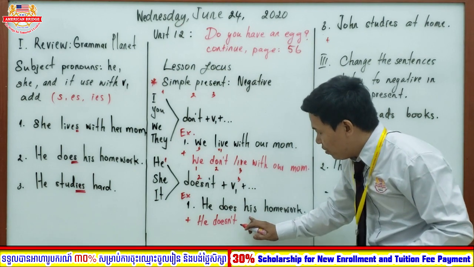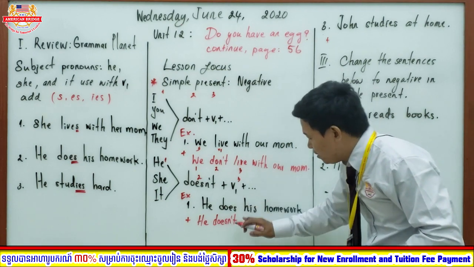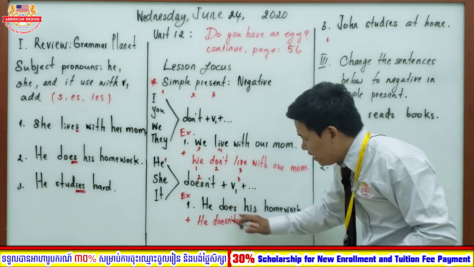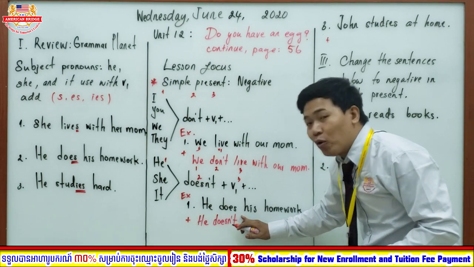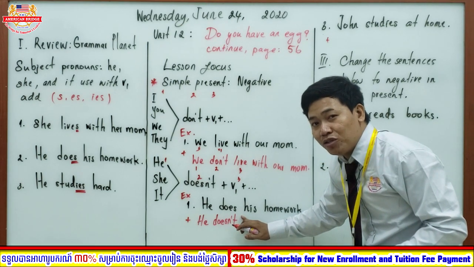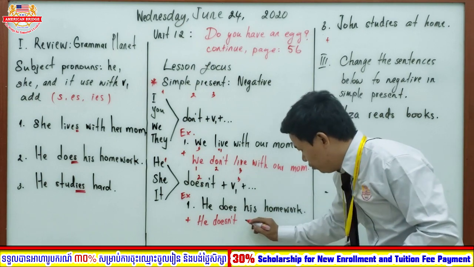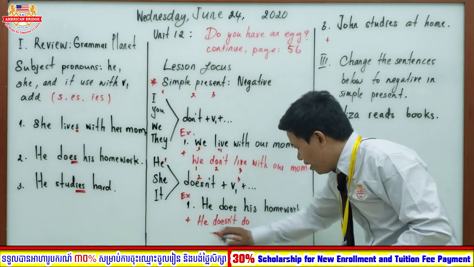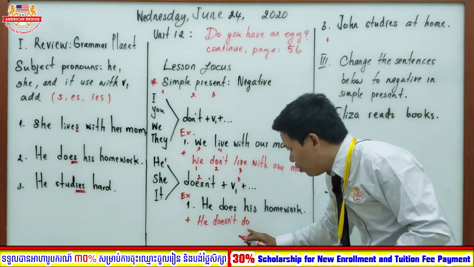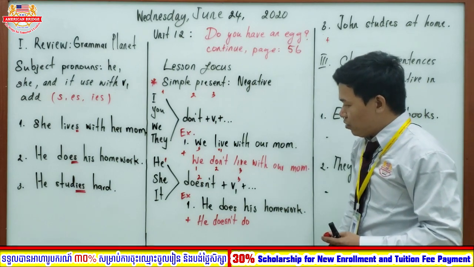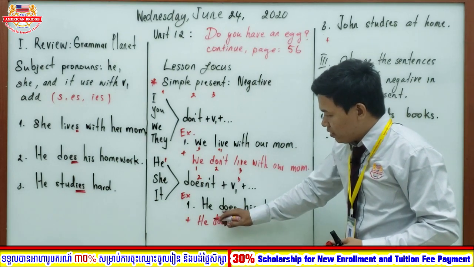Verb 1 is the verb do, but we don't put does. We put the original verb, do. He doesn't do. Why do we put do, not write does?